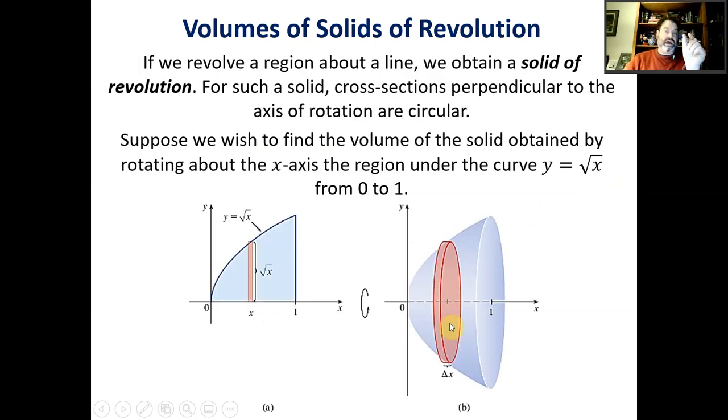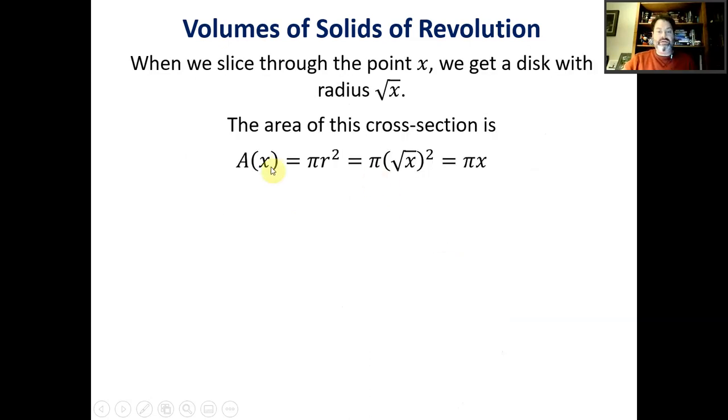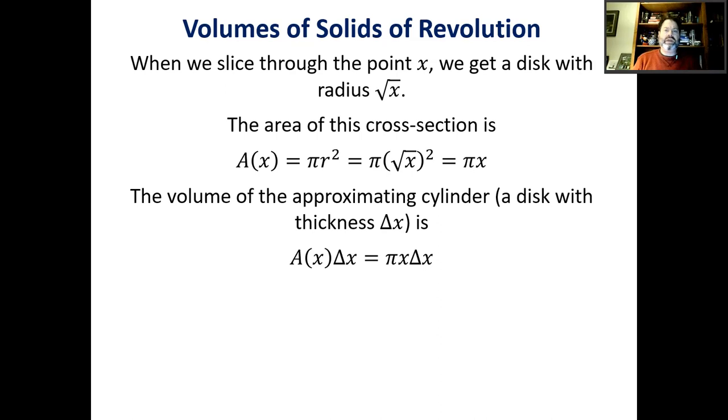Notice the width is delta x, but that turns into a dx, so we don't have to mess with it. Just need the area. Pi r squared. The radius of that circle, the disk, was square root of x. So it simplifies just to pi x. So this is a pretty straightforward problem in terms of doing the integral. So we just plug everything into the formula.